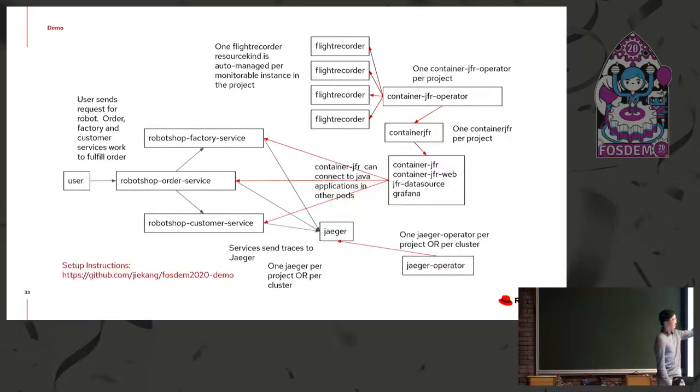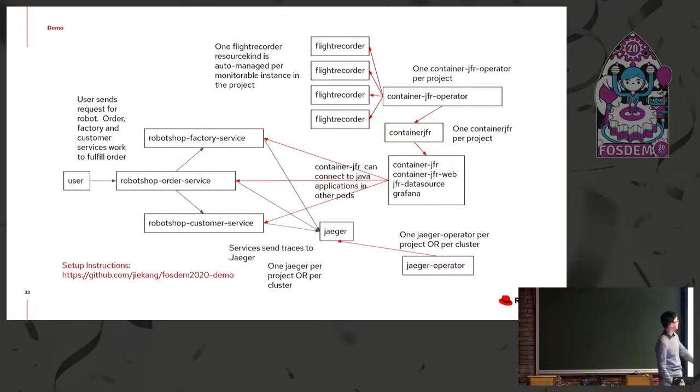As well, we'll have the container JFR operator deployed. So there's one of those per project. And that will manage a single container JFR instance, which contains the web UI, container JFR, the data source, and a Grafana instance. And that will be able to connect to any of the applications that are running for retrieving flight recordings from them.